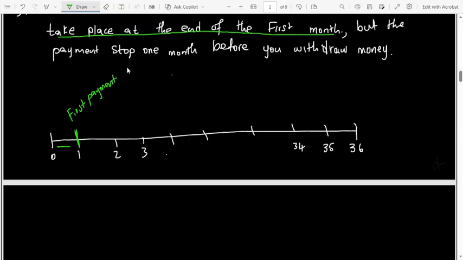But now if you look at this, we're going to stop 1 month before, which is at month 35. So this is the last payment. Before you withdraw the money, you're going to wait for 1 month, then this is where you're going to take out all your money. I hope you are still with me on that.